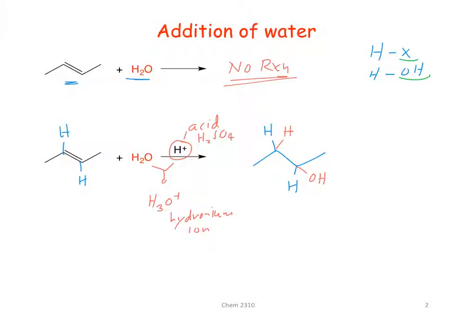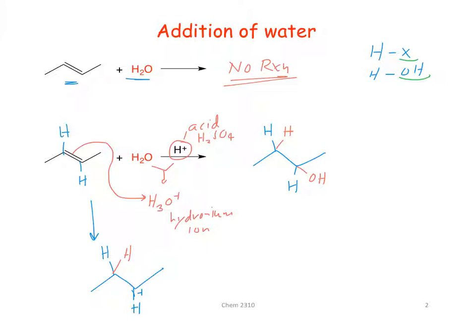Our first step is for the double bond to get protonated, just like before. I didn't really draw this right. We should have a bond between the H and the O, and that's going to break. And what are we going to form? We're going to form a carbocation intermediate, just like we did before. So we protonate there, we have an H here, and a plus.